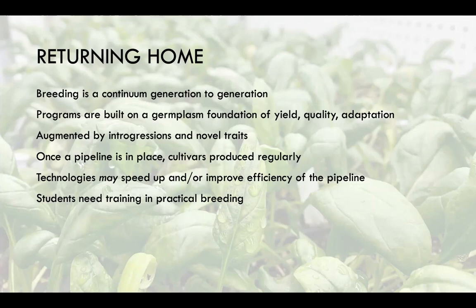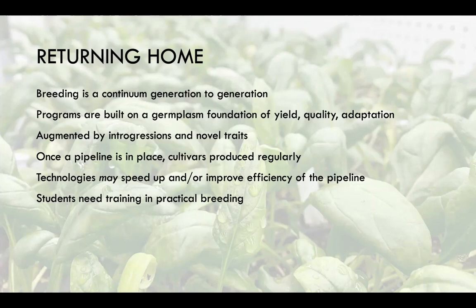Once a pipeline's in place, cultivars come out regularly. And so as long as it isn't disrupted by funding cutoffs and so on, a breeding pipeline is a pretty powerful thing. Every year you're starting new projects as well as moving other projects along and getting varieties out the door. There's always room for improvement. And Glenn Burton mentioned this in the paper from which that quote came from that I showed you earlier.